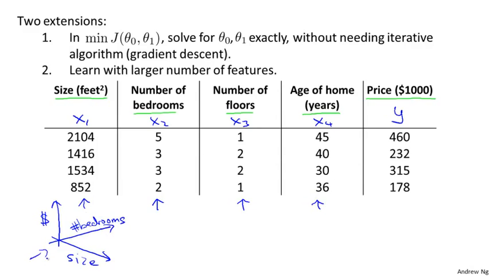Also, as you can tell, the notation starts to get a little more complicated. Rather than just having one feature X, we now have X1 through X4, and we're using these subscripts to denote my 4 different features. The best notation to keep all of this straight and to understand what's going on with the data, even when we don't quite know how to plot it, is the notation of linear algebra.